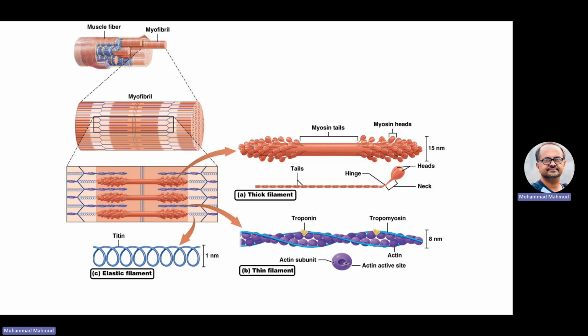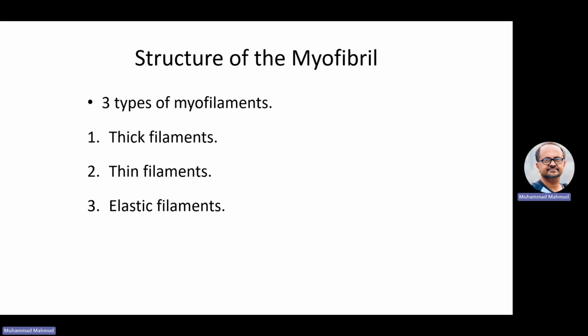Many of those myosin molecules together will make this thick filament. In the thin filament, we get three things: actin, troponin, and tropomyosin. And then elastic fiber that is made up of titin. So once again, three types of myofilaments.